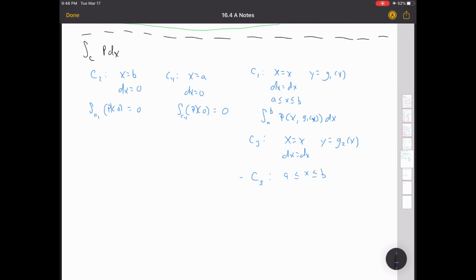So the integral that we're going to have now for this one is the integral from a to b of P of x and g2 of x, dx. And don't forget that this is the same thing as the integral over negative C3, because the a to b is going in the correct direction.